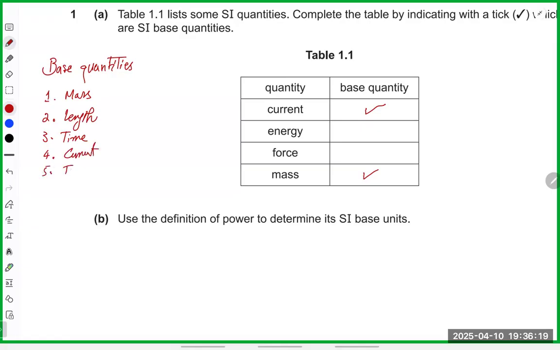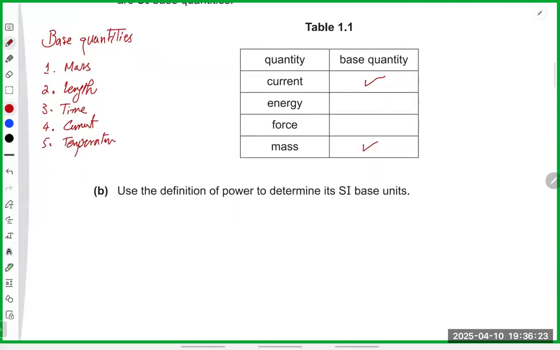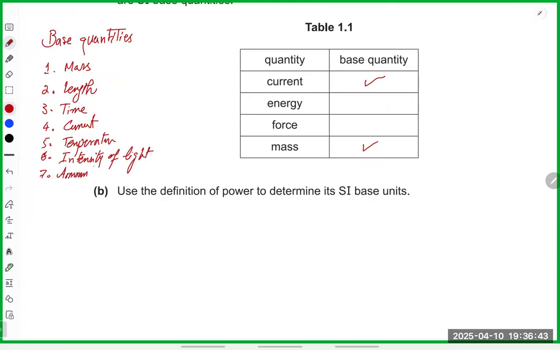Five, temperature. Six, intensity of light. Seven, amount of substance or matter.